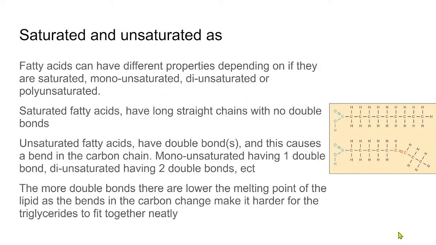So, when we talk about triglycerides, we've got 2 types, saturated and unsaturated. This is all about the fatty acid chains. Being saturated means that they don't have any carbon-carbon double bonds. If you look at this chain here, it's a completely straight chain, no carbon-carbon double bonds.